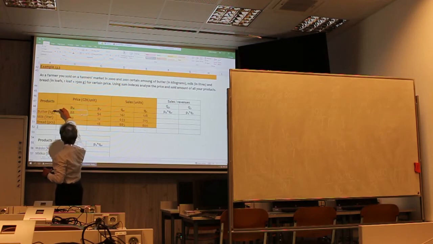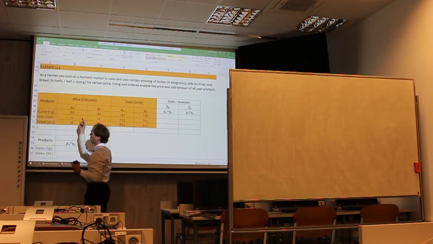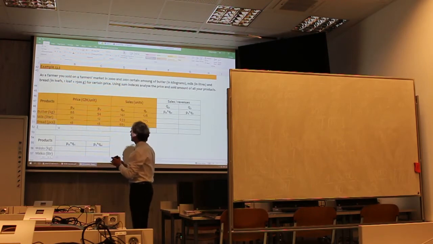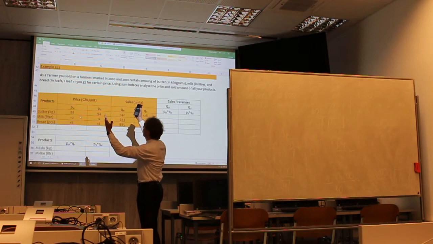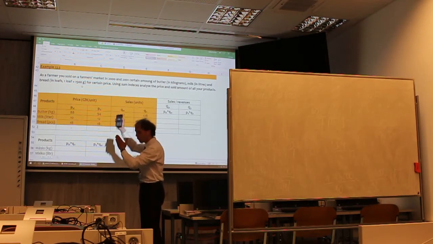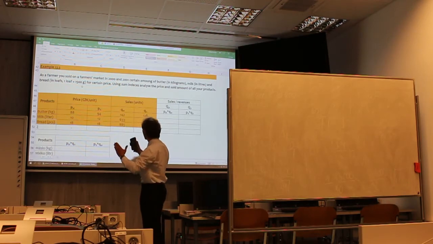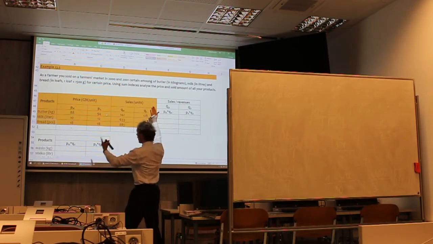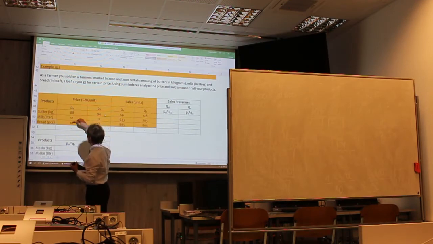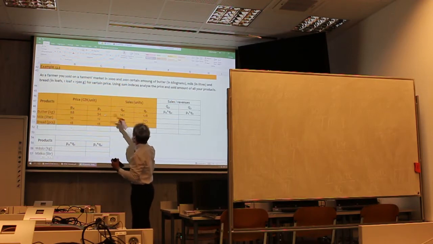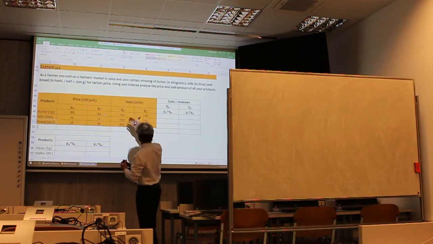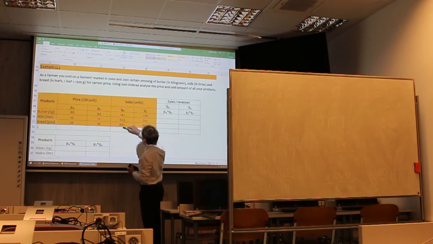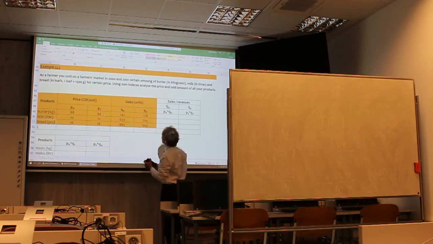You are selling 3 different products: butter in kilograms, milk in liters, and bread in pieces. 1 loaf of bread is, for example, 1.5 kilogram. So we have here different measurement units, prices and sales. So again, price in period 0 and price in period 1, and quantity, sales, quantity in period 0 and quantity in period 1.